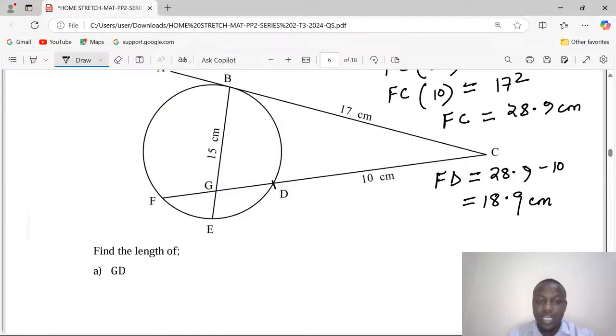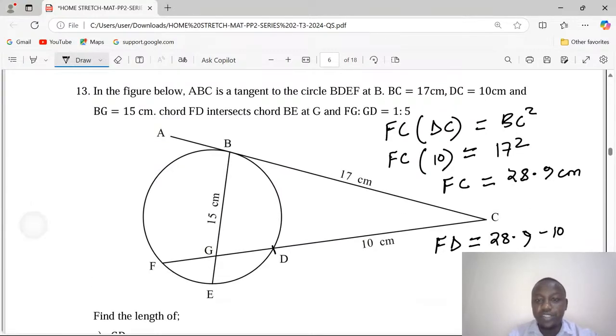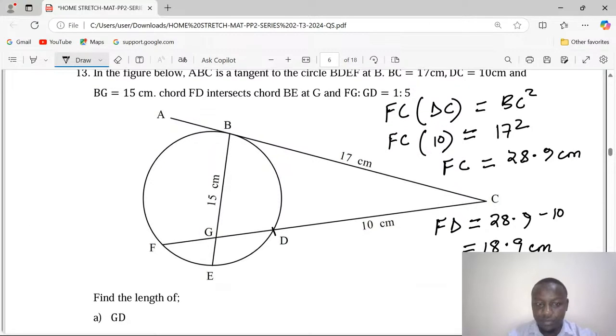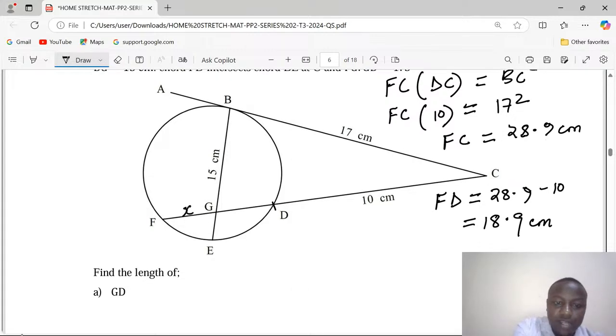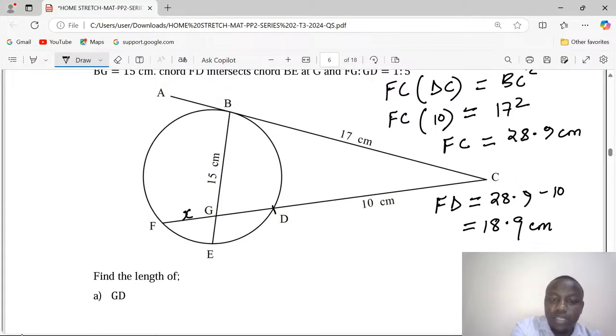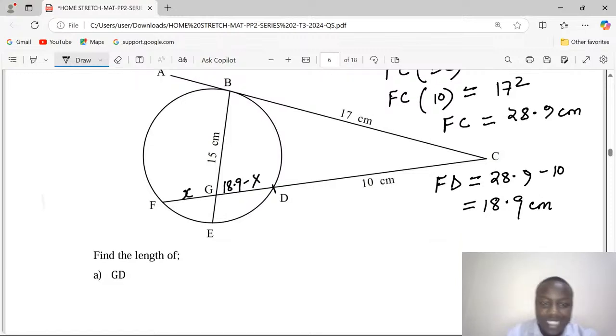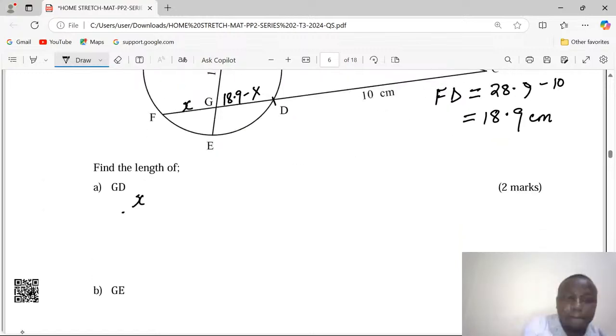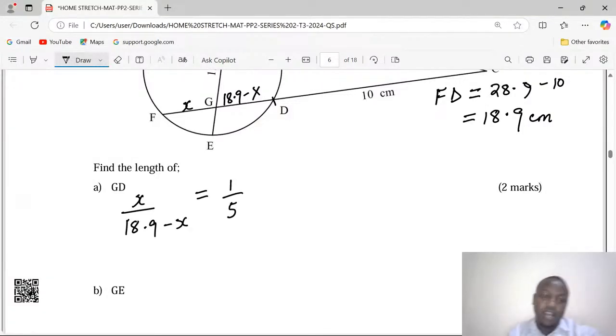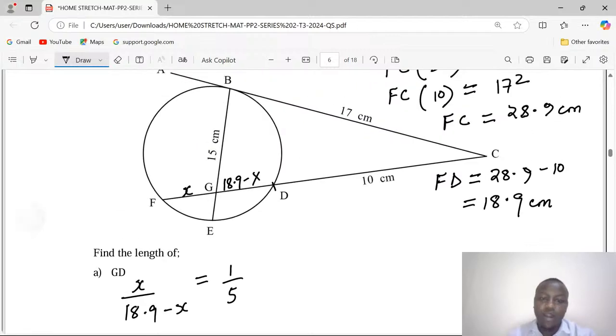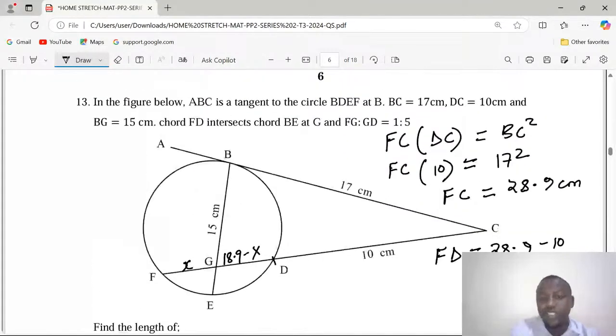Now we are given a ratio of FG to GD. If we let FG be x, then GD is going to be 18.9 minus x, because the total of FD is 18.9. So we can say x out of 18.9 minus x is equal to the ratio of 1/5, because the ratio is 1:5.